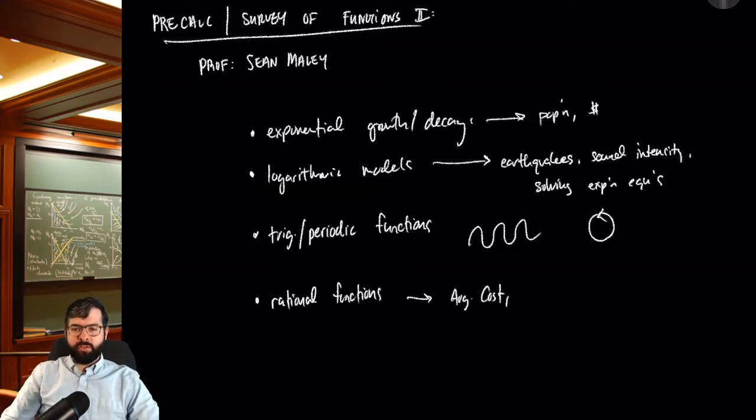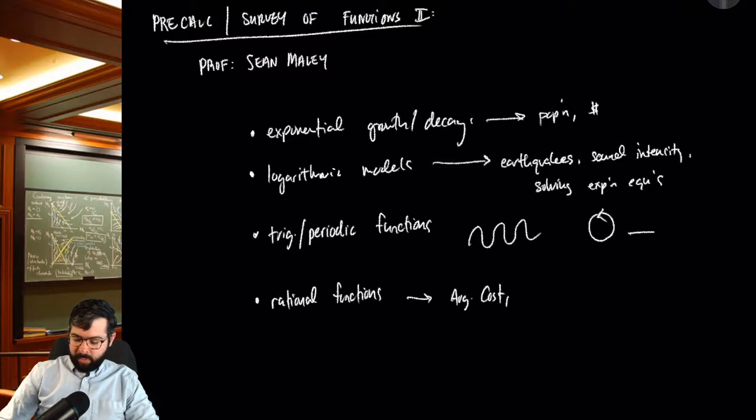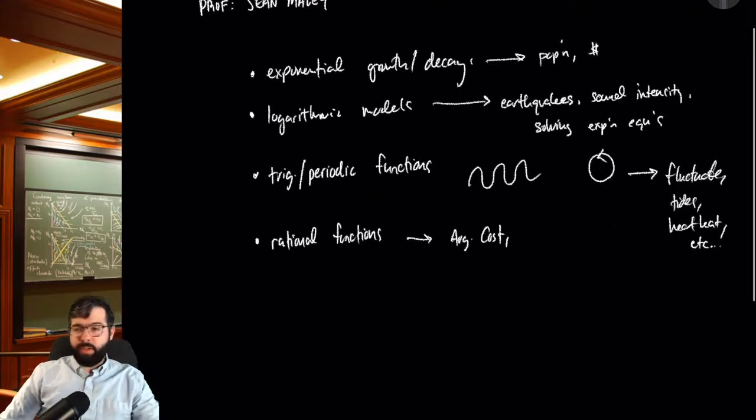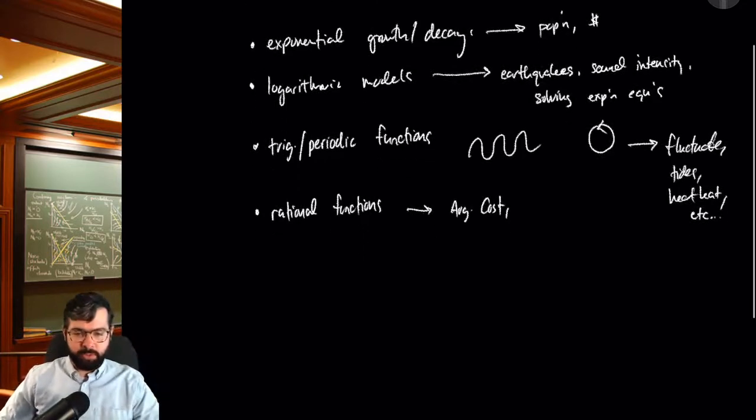There's all sorts of great asymptotic functions that we can play with there. And back here to trig, things that fluctuate. So there's things like the tides. There's anything that's periodic in nature, heartbeat, etc. Lots of good stuff in there. Populations can also fluctuate, right? They don't have to just grow exponentially.